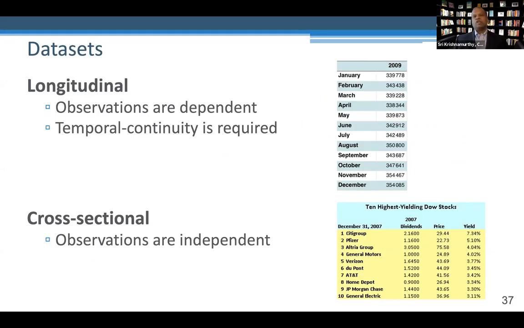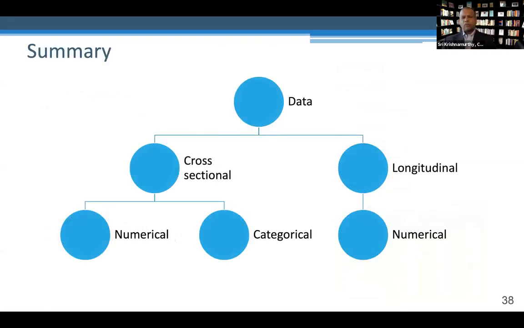For example, if these were transactions done by various customers, and you do have a timestamp, you don't have to worry about the order of the transactions themselves. Another example is different stocks, where the order of the stocks doesn't really matter. So the point here is you need to understand the data really well and the kinds of variables you have, whether temporal or cross-sectional, before you start making decisions based on this data.